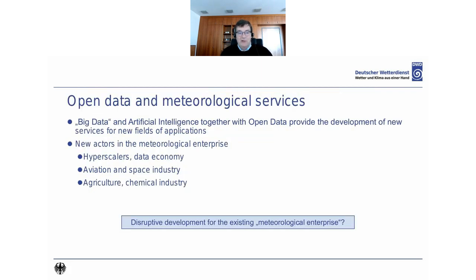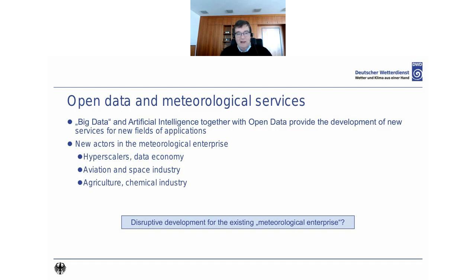Okay. From my perspective, the big chance we have with open data and meteorological service, there will be a big change from my perspective. Also for us, coming from my organization as a National Meteorological Service in Germany. Big data and artificial intelligence together with open data provide the development of new services for new fields of applications.